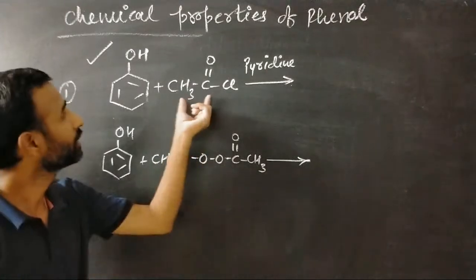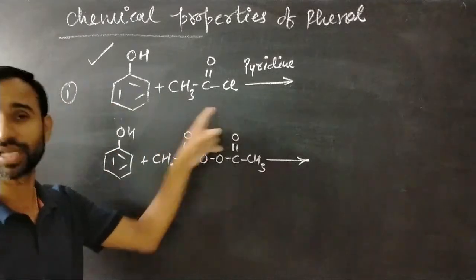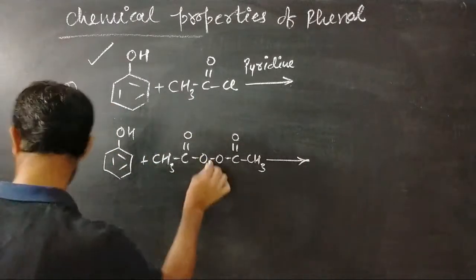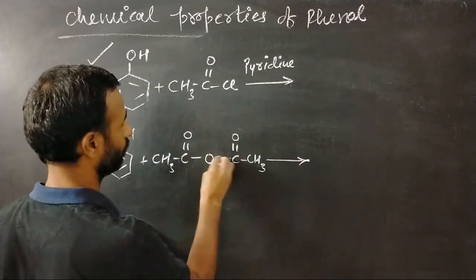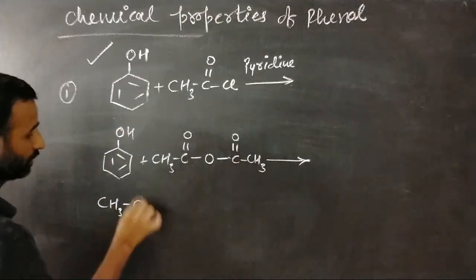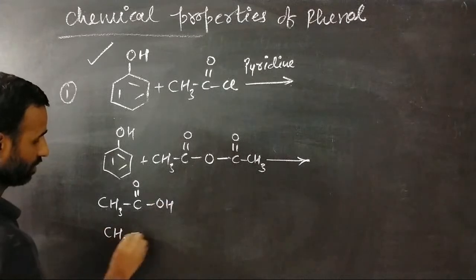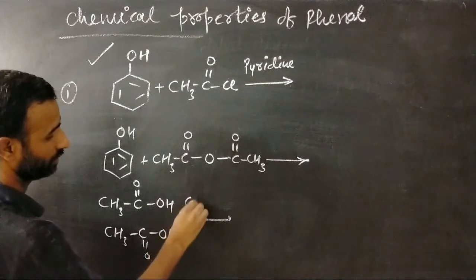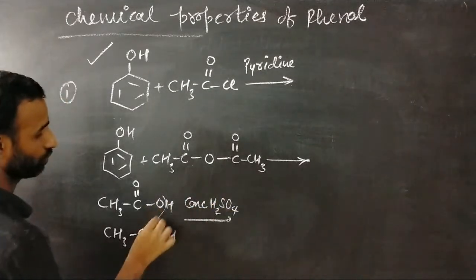If we treat phenol with acid chloride just like alcohol with acid chloride, or acid anhydride, because acid anhydride is formed when we have two acids in the presence of concentrated H2SO4.